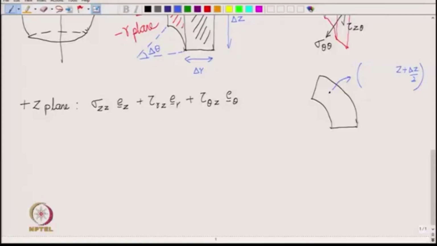So, an arbitrary point will have small r plus zeta comma theta plus eta, is not it, and the third one is z plus delta z by 2. So, we have to evaluate the traction at this particular point and then integrate over the area, and also see what will be the area of a small element here. What is the area going to be?